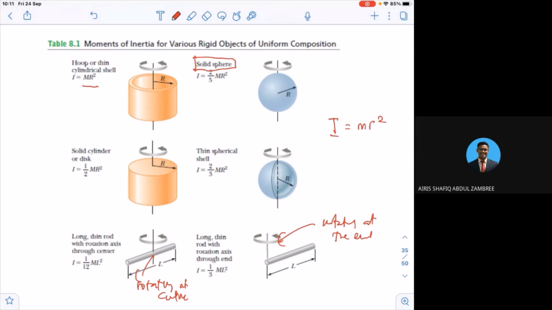When we give you problems, we will give the moment of inertia, or maybe you need to calculate the moment of inertia. At the end you just need the value, not the equation. But if you are required to calculate the moment of inertia, we will provide the equations inside the questions. So don't worry about that.